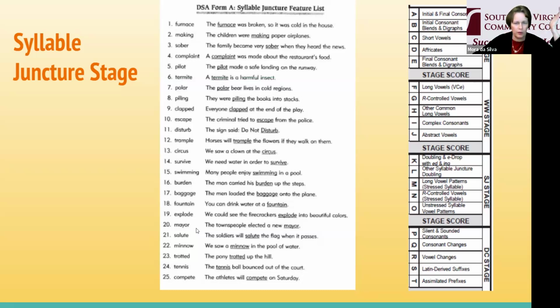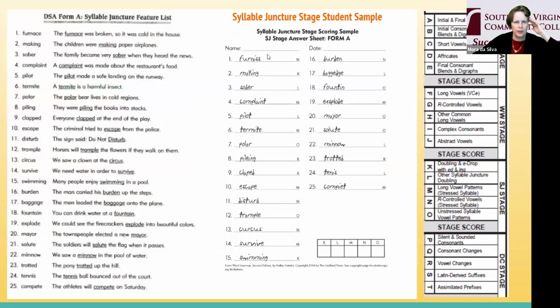So you can look at this, you can assess it, you can see what they need, throw it into ChatGPT. So here's an example of a student who is at this stage. So you can see they're not dropping the E when they write piling. What else are they messing up? So they are doubling there when they add ED.